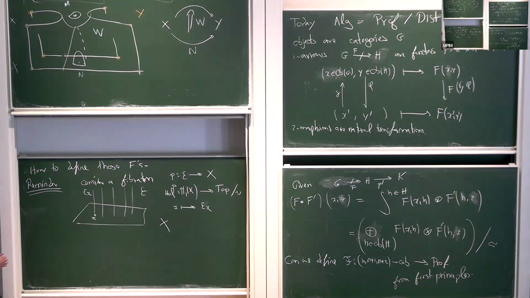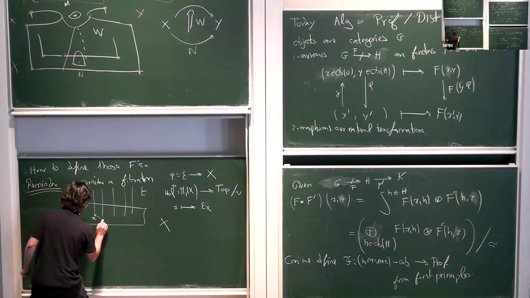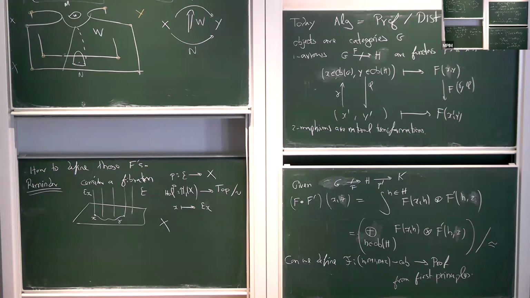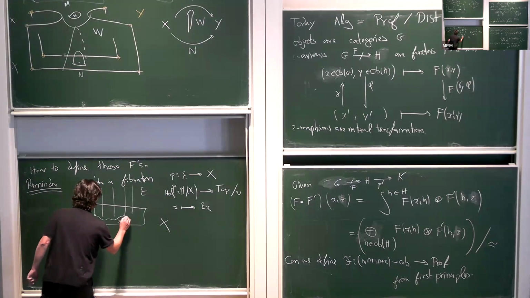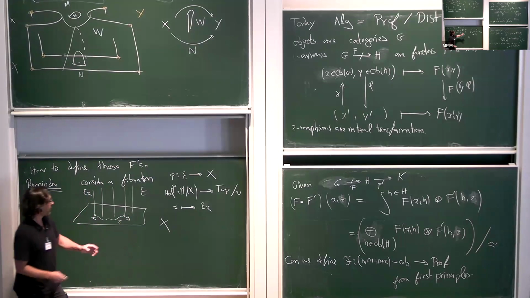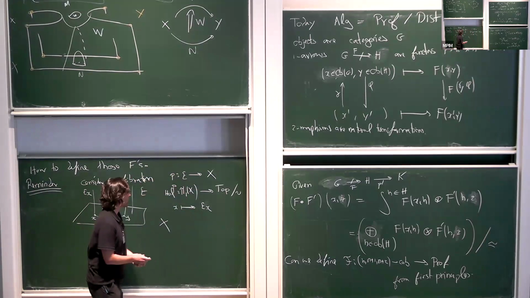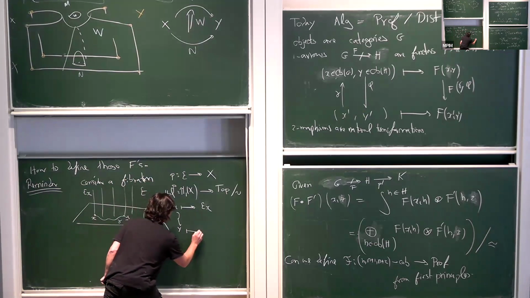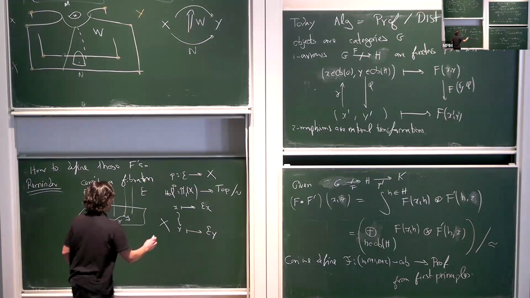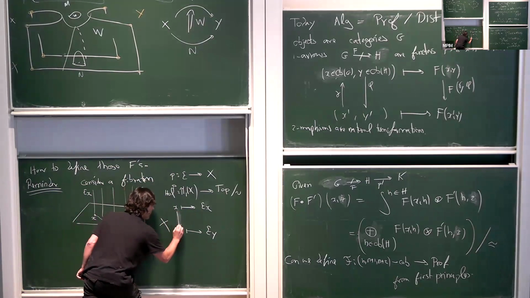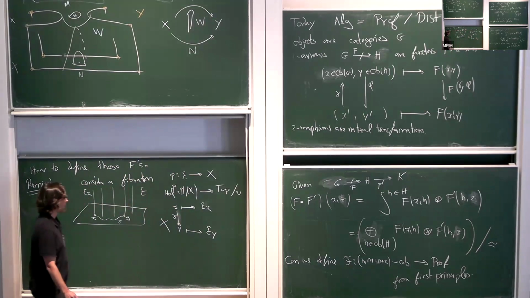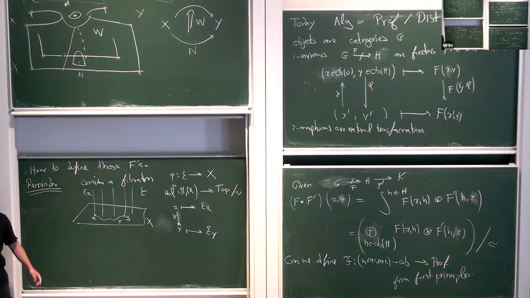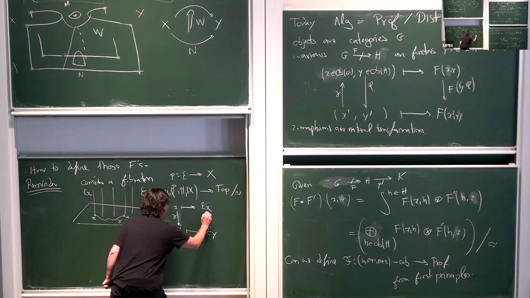Okay. And if I have a path gamma from X to Y, the homotopy lifting property of the fibration immediately gives a map.